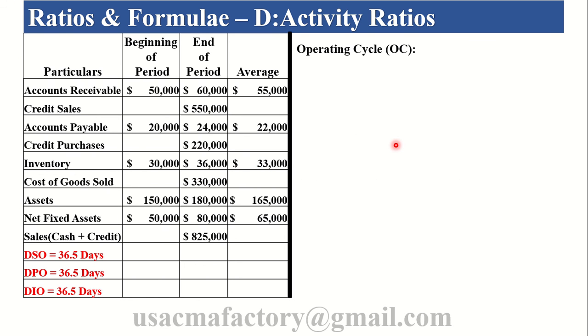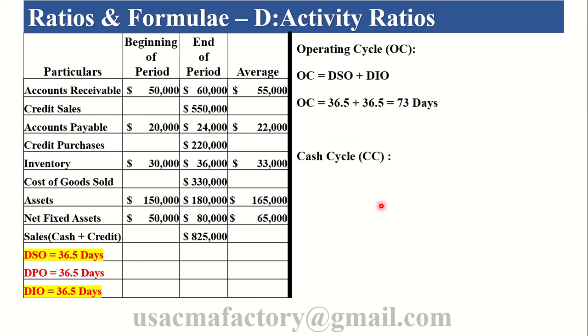Now operating cycle. Operating cycle is equal to days sales outstanding plus days inventory outstanding. 36.5 days in both cases. So highlighted in yellow here, 36.5 plus 36.5 is equal to 73 days.